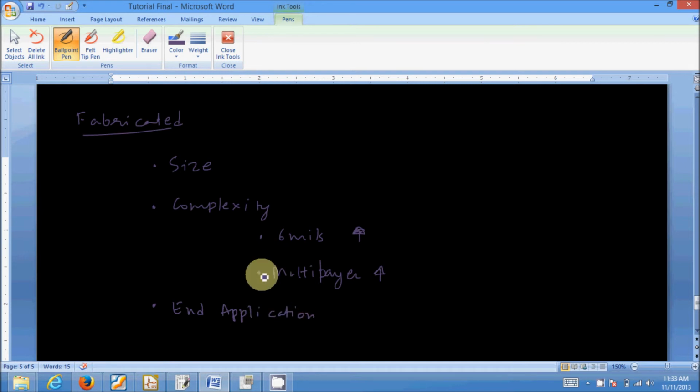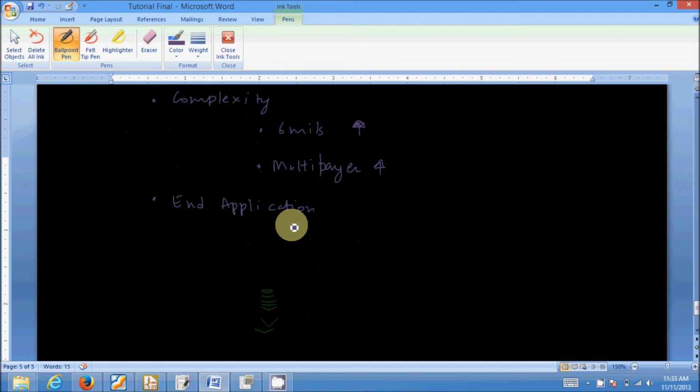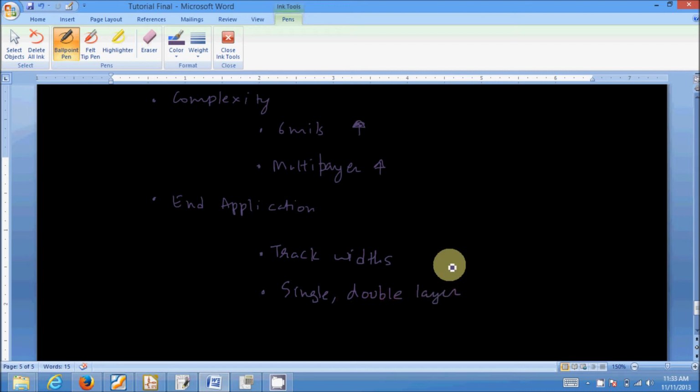So for hobby users, what we recommend is to make track widths as large as possible, and try to do boards in a single layer or a double layer for simple applications.